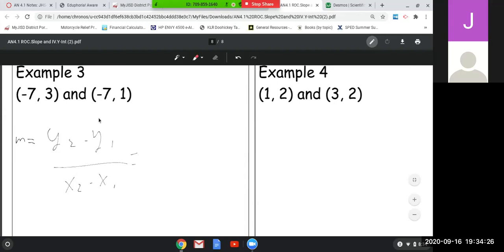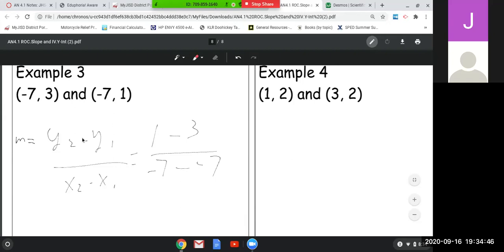Okay, my y2 is the 1. y1 is 3, so 1 minus 3 over the x2 is a negative 7. And the x1 is a negative 7.